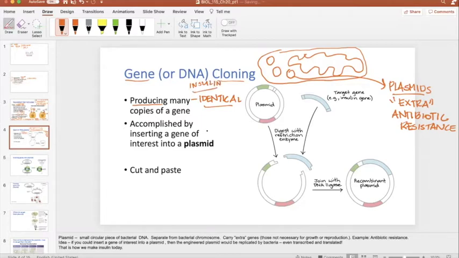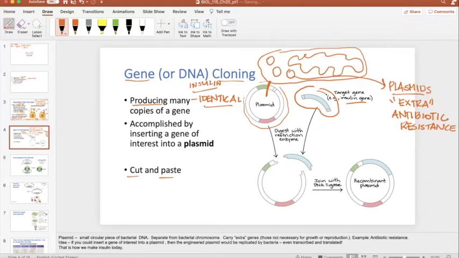And the way that we're going to do that is we're going to take our target gene, which is the human insulin gene, and we're going to take a bacterial plasmid, which is what I've got for you right here. We are going to use a cut and paste mechanism where we cut open the plasmid. So you can see we're going to cut it here, and that's what you see here. This plasmid has been cut.